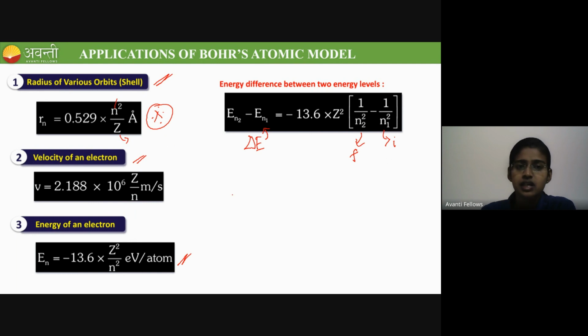I think Bohr's atomic model, its postulates and the applications are clear to all of you. Am I right? Shall I go on with the next topic? We will do one more topic. Students, shall I move on to the next topic? Say yes or no? Okay.